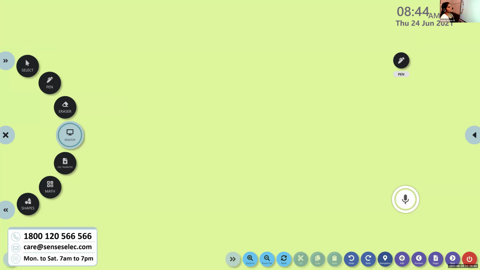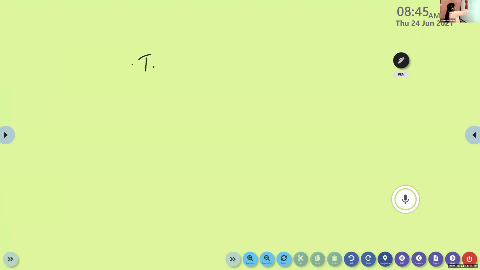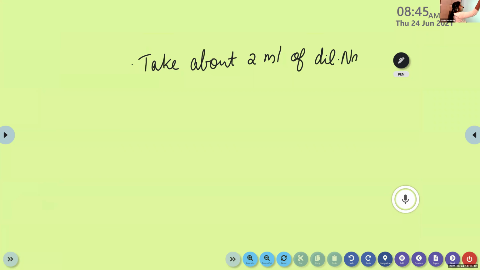The first step is to take about 2 milliliter of dilute NaOH solution in a test tube. NaOH solution comes under which category?